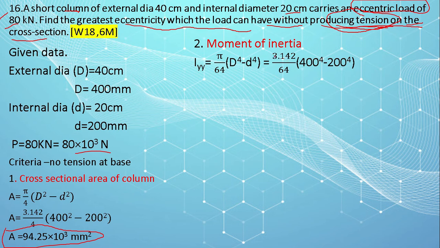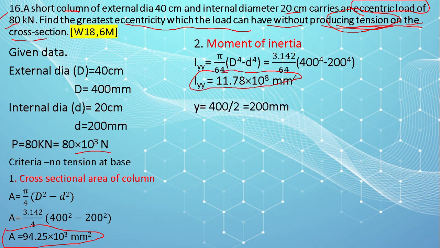Value of pi 3.142 divided by 64, 400 raised to 4 minus 200 raised to 4. Therefore moment of inertia Iyy is equal to 11.78 into 10 raised to 8 mm raised to 4.